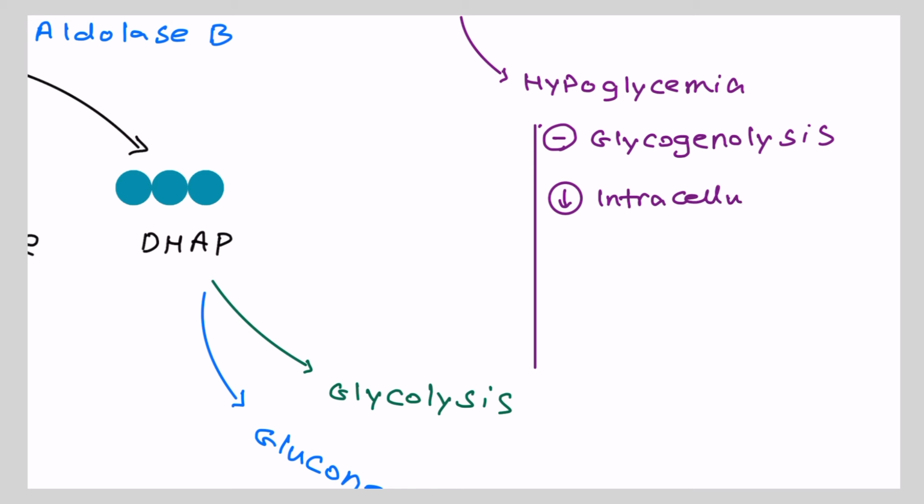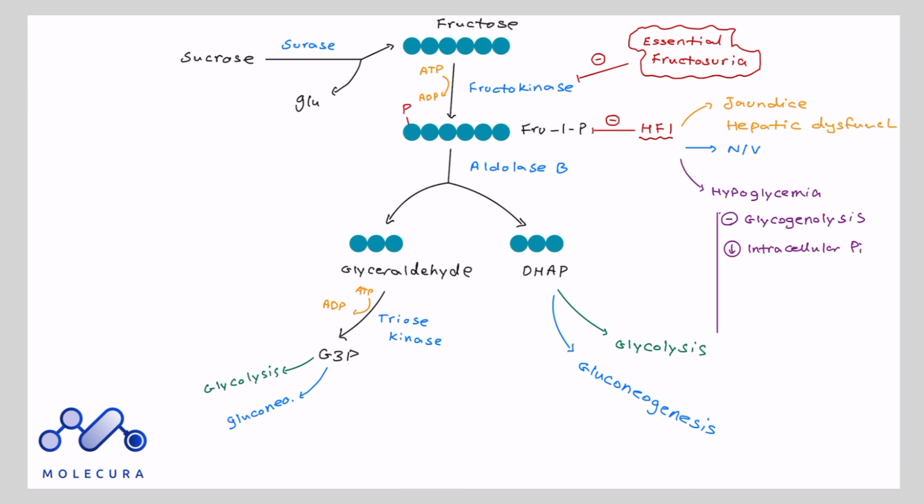The phosphates are getting put on the fructose, so we have less phosphate here. Our fructokinase is putting the phosphate group on the fructose, and the phosphate is getting depleted, and we are going to have decreased intracellular phosphate. Decreased intracellular phosphate is going to decrease glycogenolysis, because this needs an enzyme that is active in its phosphorylated form, that is phosphorylase A.